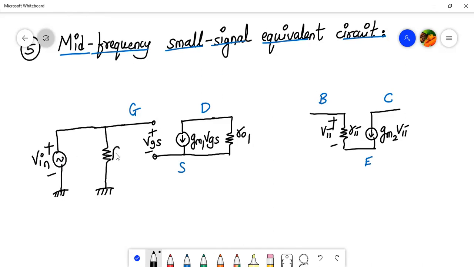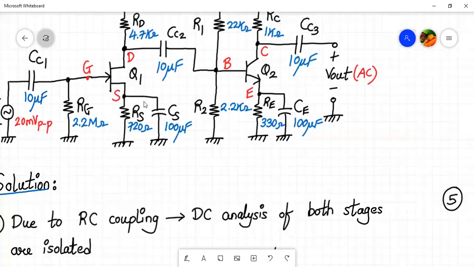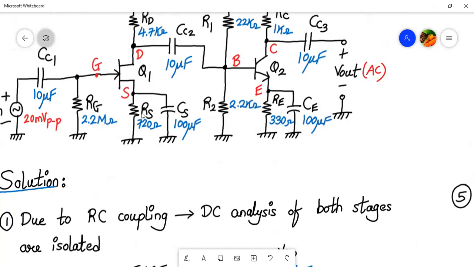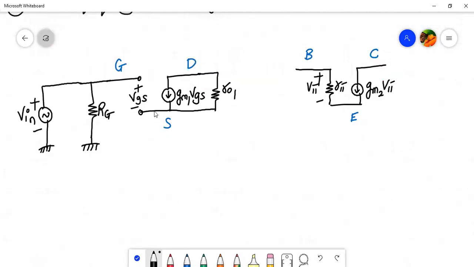Now let us check what is connected at the source terminal. At the source terminal, we have a capacitor and a resistor in parallel. The capacitor acts as a short circuit, so the source terminal is connected to the ground.